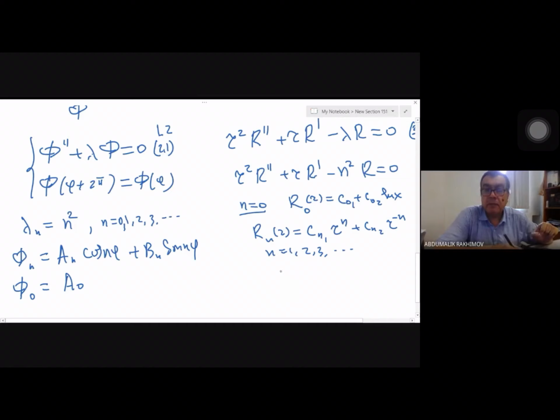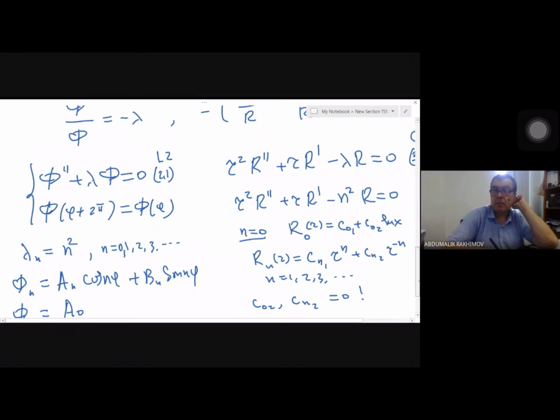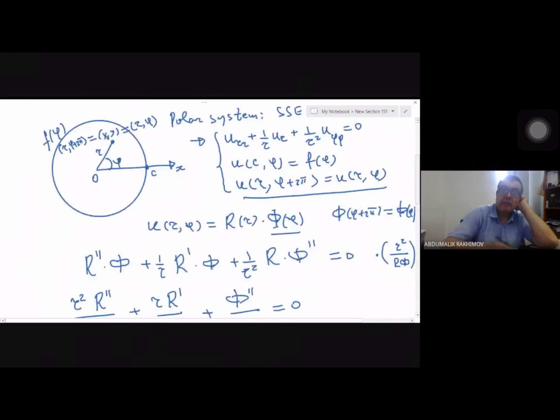Now, what we say is that C02 and Cn2 must be 0. Why? Because if this coefficient C02 is not 0 and this one is also not 0, then what will happen if r is equal to 0? This point, r equals 0, belongs to our plate, right?